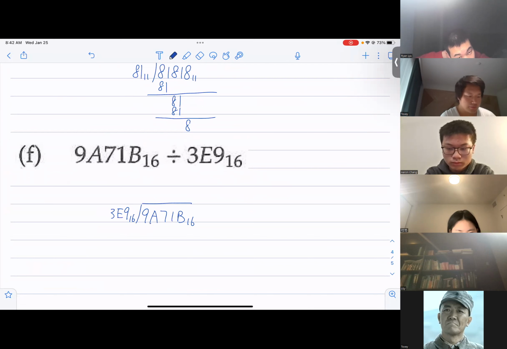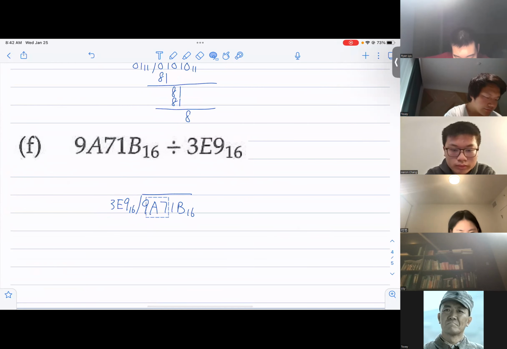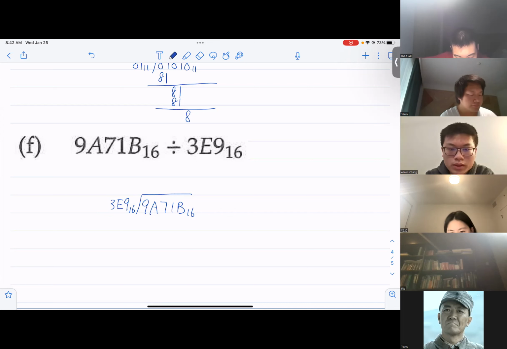The calculation here could be a lot. We first take 3 digits, right? So of course we use the first 3 digits. What is 9A7 divided by 3E9?